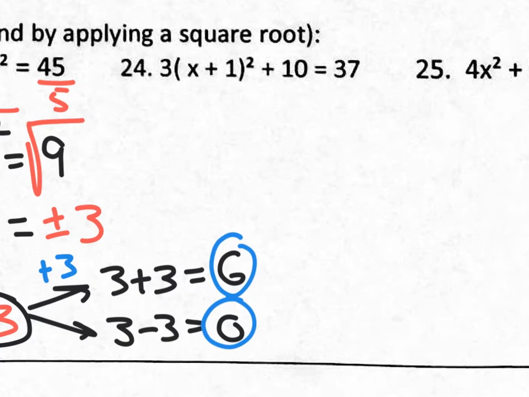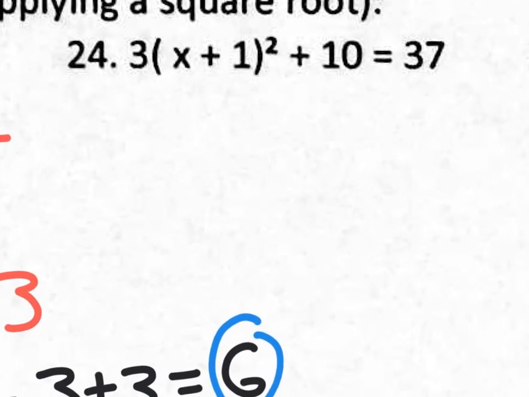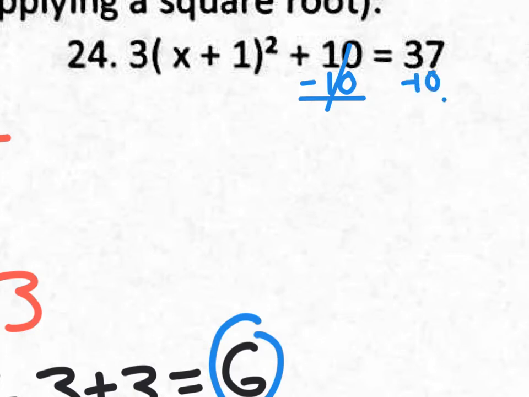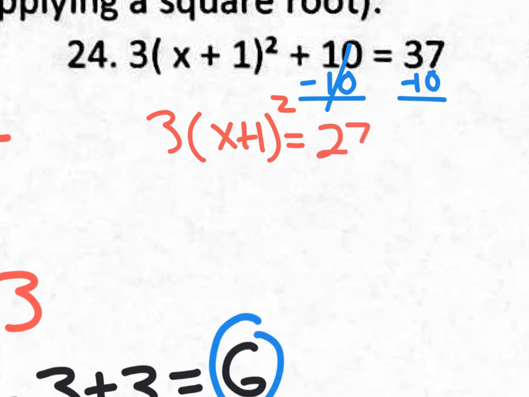Moving on to number 24, let's get rid of everything. So I'm going to divide by 3, cancels. Actually, I'm not going to divide by 3, I'm sorry. Let's start by getting rid of that 10. That's the easiest thing to do. Minus 10 cancels, minus 10. So you're going to end up with, let me rewrite it, 3 parenthesis x plus 1, close parenthesis squared, equals 27.